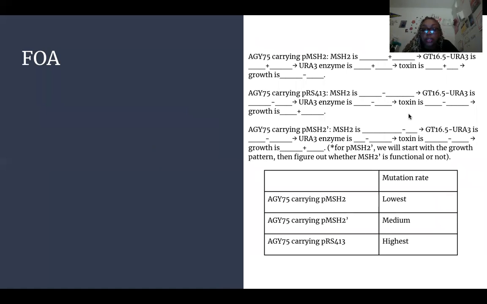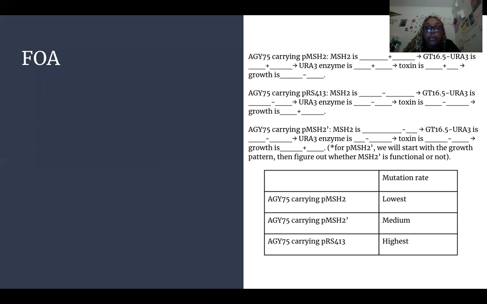And here you can see that if there is MSH2, then GT 16.5 is there as well, and URA3 enzyme is there, which then leads to the toxin, which leads to no growth, and the rest going down are just some of the pathways as well.